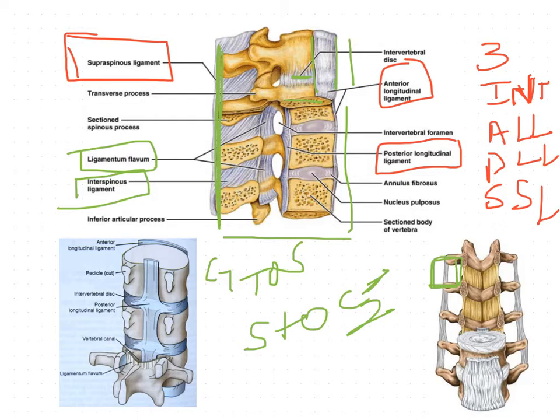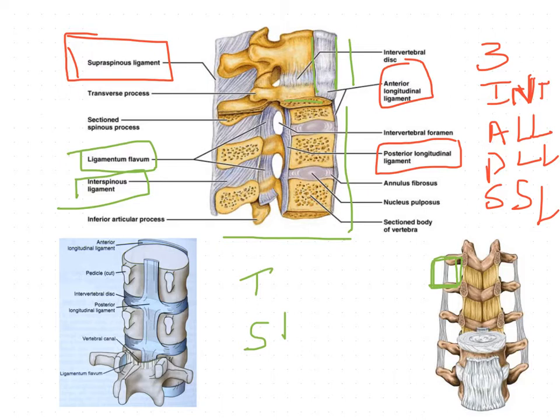So these are all about the intersegmental ligamentous system, which includes anterior longitudinal ligament, posterior longitudinal ligament and supraspinous ligament. Now we will move on to intrasegmental ligaments.